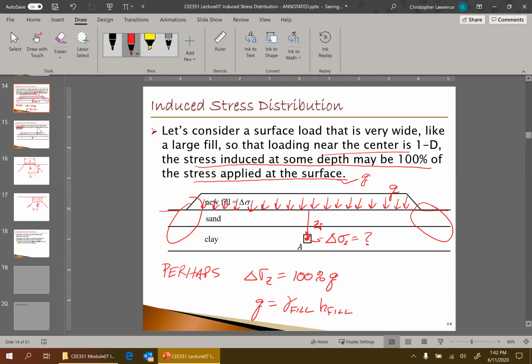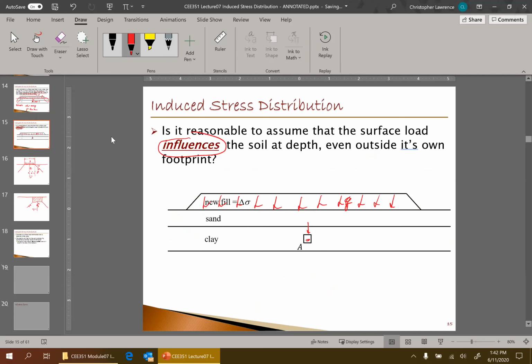Okay, so surface load that is very, very wide, it's reasonable to assume that the surface load influences the soil at depth, even outside its own footprint. So not only point A, but to some different degree, what about maybe point B, even outside of its own footprint?